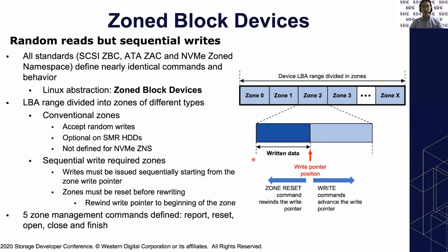The write pointer is positioned at the zone start at the beginning, and as data is written to the zone, the write pointer moves forward. And every write to this zone must happen at this write pointer position.